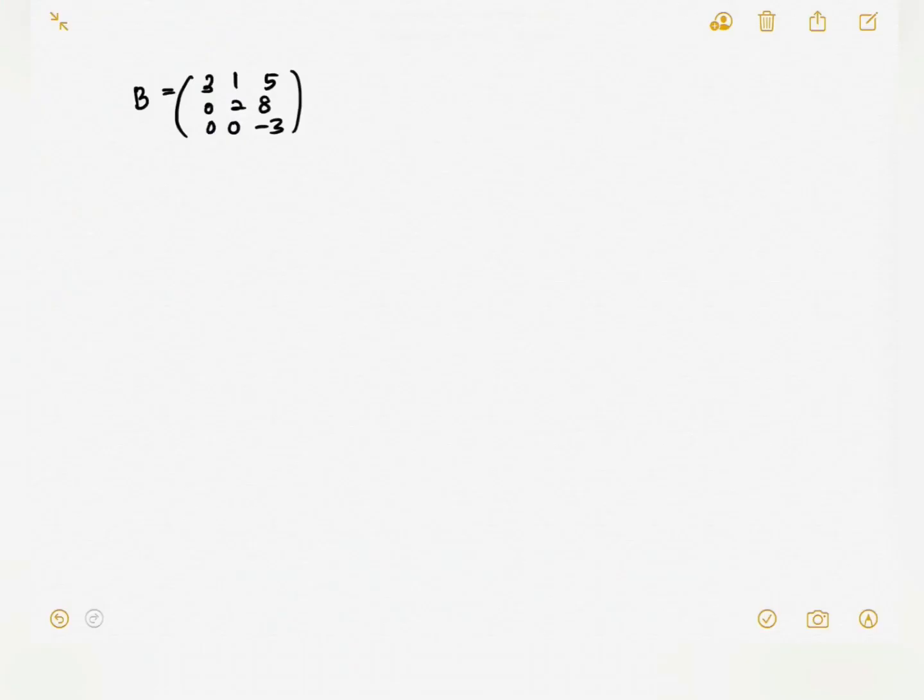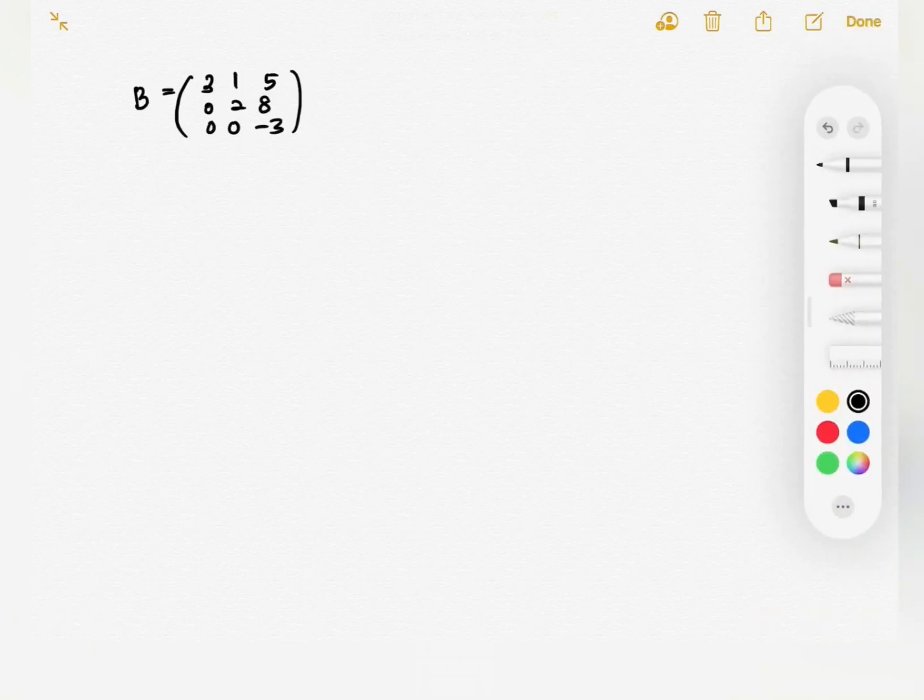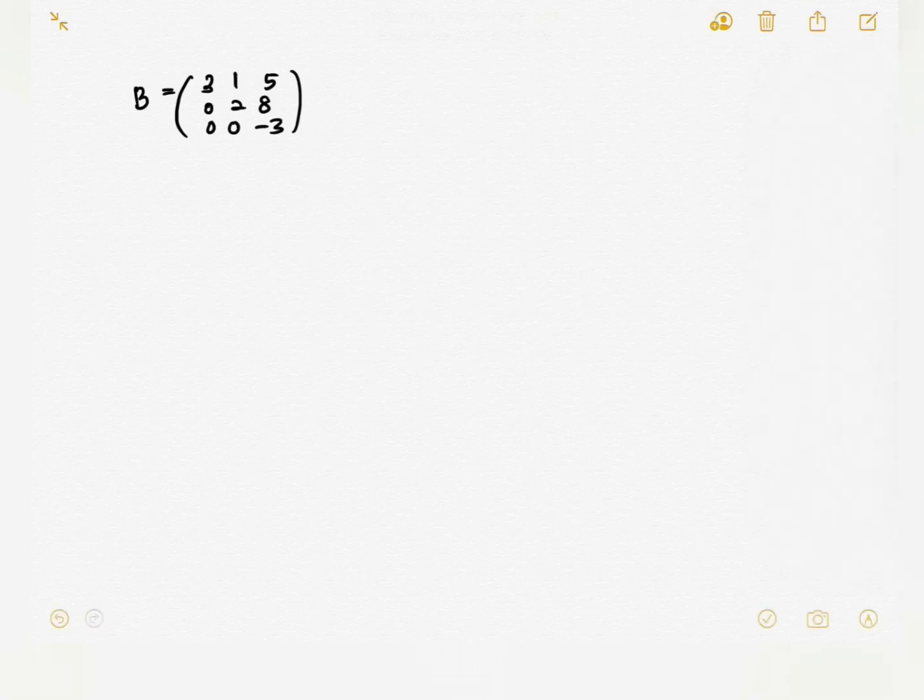Okay, let us now solve the matrices B. We find the determinant of matrices B. The first step, remember, you have to add another two columns. Column number 4 has exactly the same elements as your column number 1, which is 3 0 0, and column number 5 is 1 2 0.